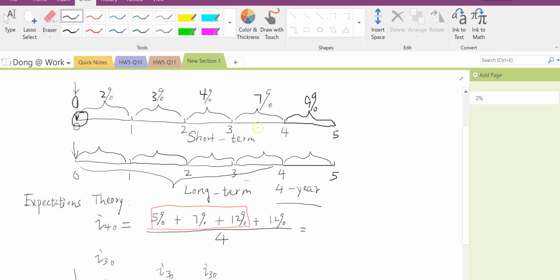They can invest in, suppose this is a series of five 1-year bonds. So that's their option 1, called option A.